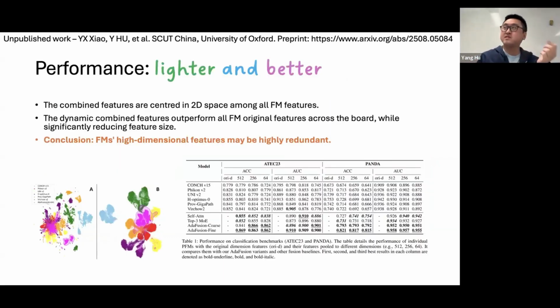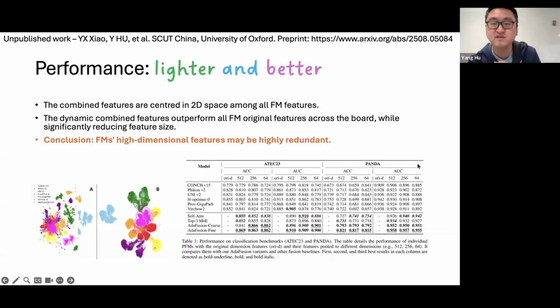First of all, the performance looks very good, and it's lighter and better. The combined feature is located in the center of the 2D space among all the different foundation model feature spaces, and the dynamically combined feature outperforms all the foundation models' original features across the board, across different downstream tasks.